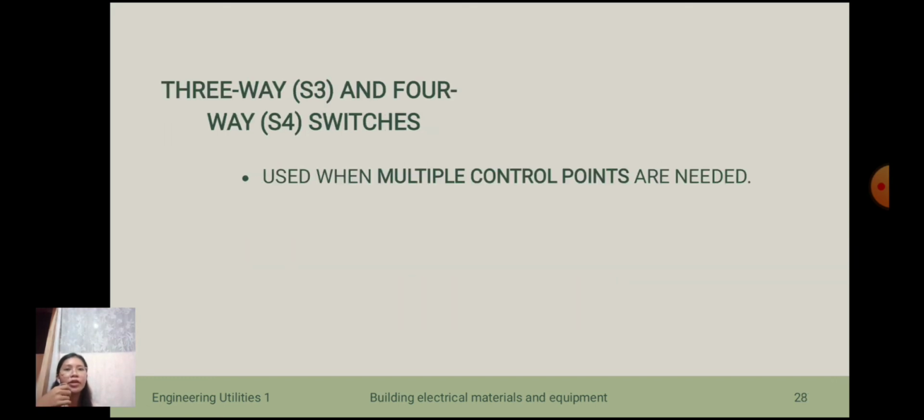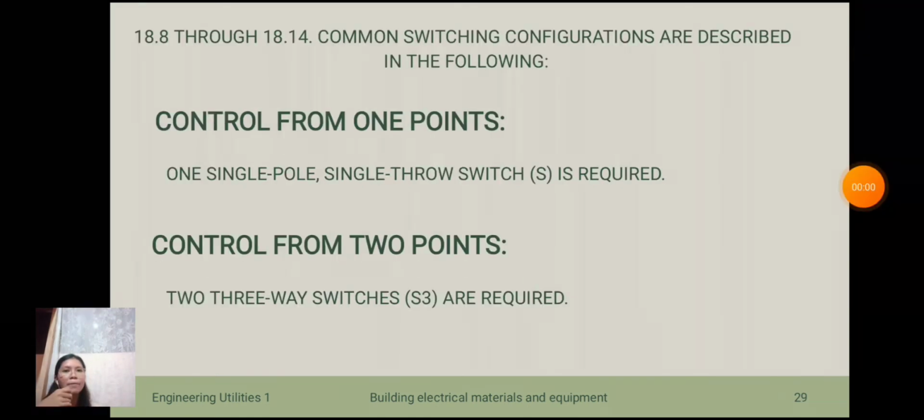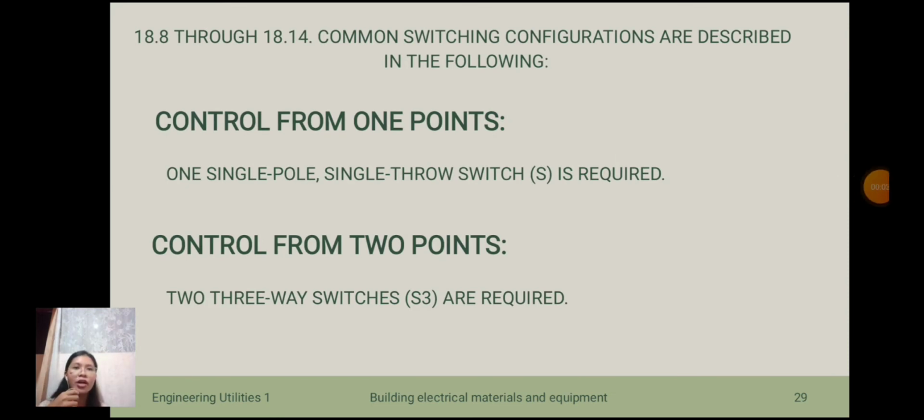So the three-way or the single pole double throw switch and the four-way switches are used when multiple control points are needed. So ito po yung need natin if marami na tayong poles na need a light. So the common switching configurations are described in the following.